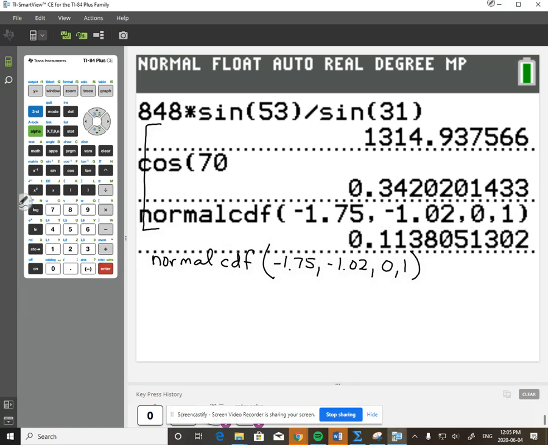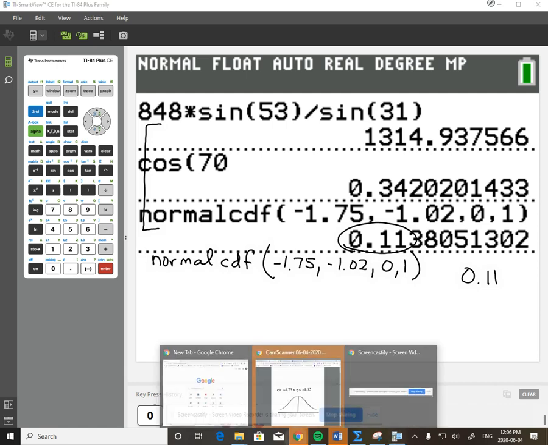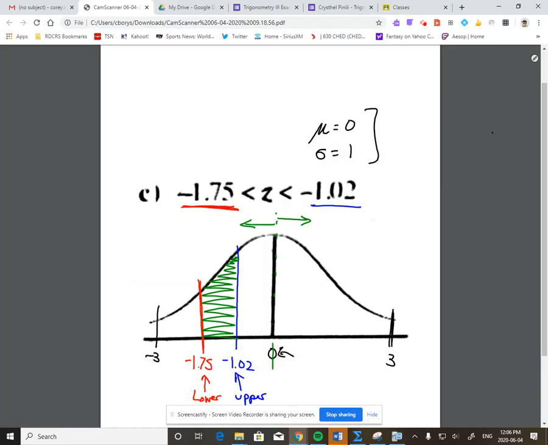Like I said, I thought the answer would be probably around 0.15. I was close: 0.11. What that really means is that about 11% of the population would have a z-score between negative 1.75 and negative 1.02. Without context, that doesn't mean anything.